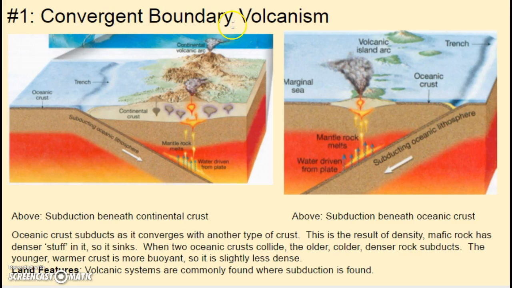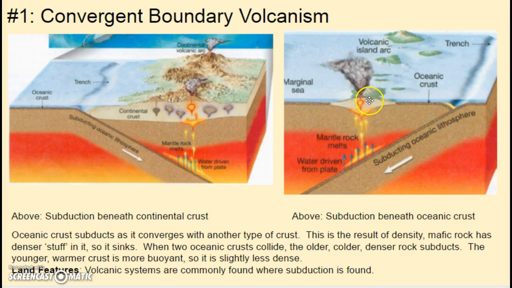So here's back to the convergent boundary volcanism. I just want to make sure we pay attention to the land features, that these are volcanic systems commonly found where subduction is found. We find these volcanic chains, and when we start looking at them, you'll say, oh yeah, there is a characteristic pattern to them. The Cascade Mountains in North America are reflective of this.